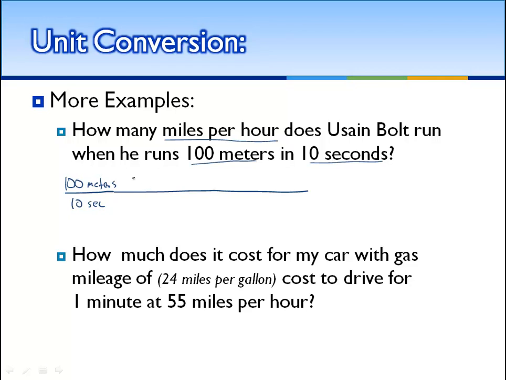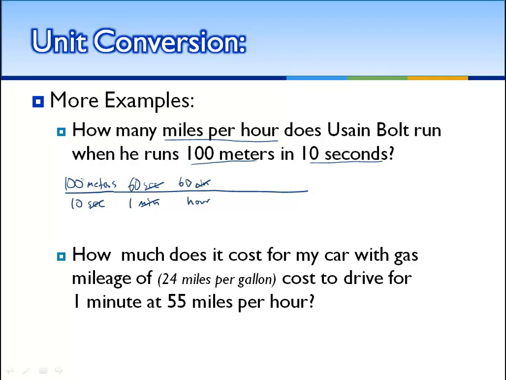So that puts 60 seconds on top and 1 minute on the bottom. Now seconds cancels with seconds. And let's do from minutes to hours. 60 minutes are in an hour, and that's the way I need to write it, with the minutes on top to cancel out hours on the bottom. So minutes and minutes are gone, and now I've got the correct time unit of hours.